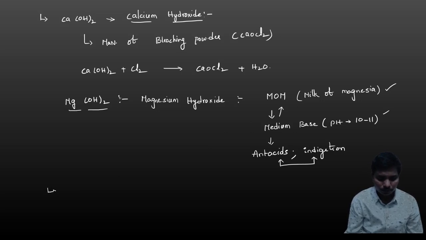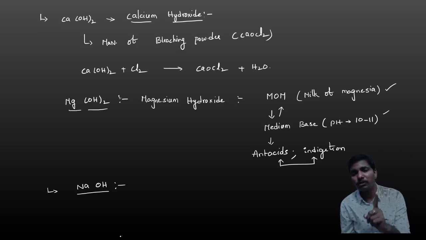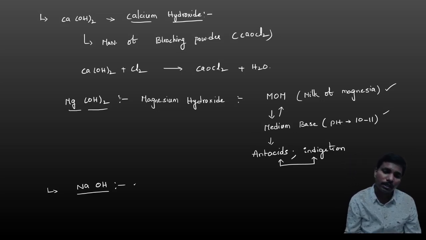And one more, sodium hydroxide, NaOH. Very, very important. Like H2SO4 is a strong acid, NaOH is a strong base. Its pH is nearly equal to 14. Very, very strong.